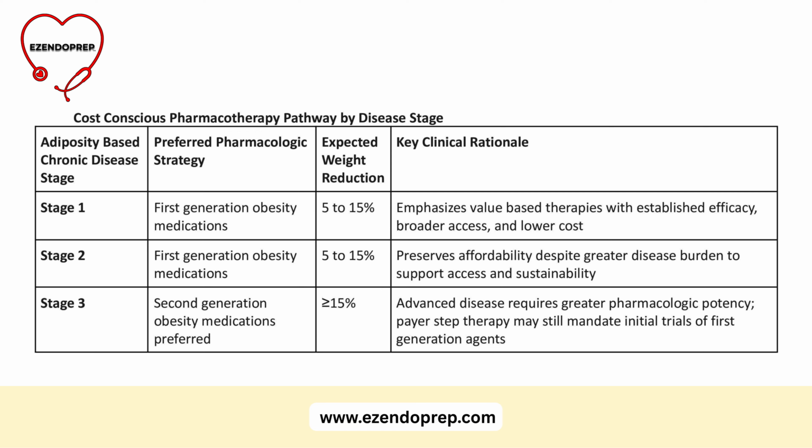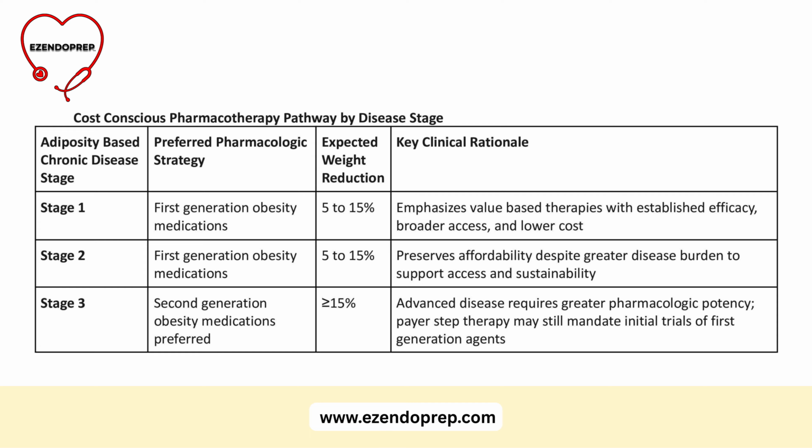The same approach applies in stage 2 ABCD. Again, the recommendation is to consider first-generation obesity medication with an expected 5% to 15% weight reduction. Even though disease burden is greater, the algorithm intentionally preserves this step to balance clinical benefit with affordability and access.